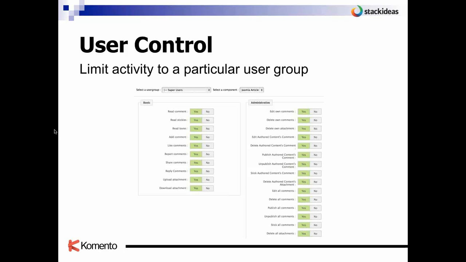The interesting thing here is that we have ACL specifically for content author. For content author ACL, as you can see under the administrative section, we have edit authored content comment, delete authored, publish authored, unpublish authored.